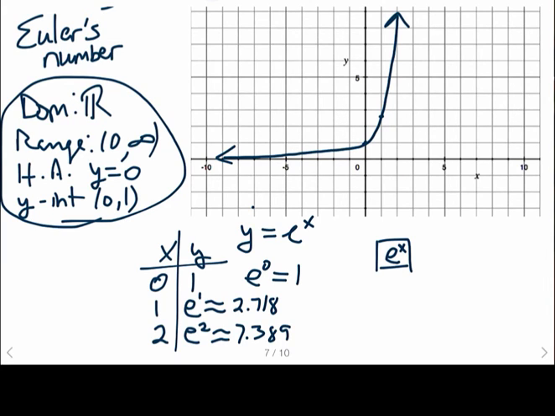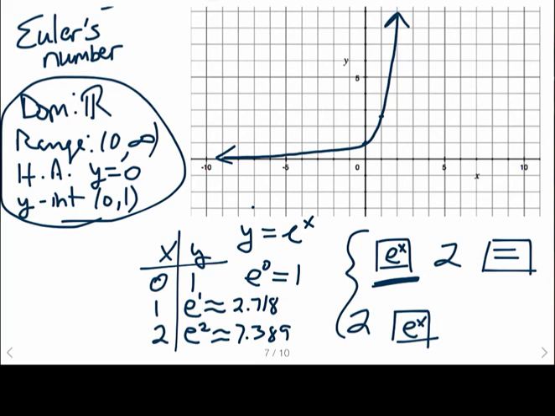And the reason I say get your calculator to tell you how to do it is that for some calculators you're going to type in the e button first, and then you're going to put in, say, a 2, and then equals. For some calculators, you would put 2, and then hit the e to the x button, and it'll just spit out the number. So make sure you know which of these two languages your calculator speaks.